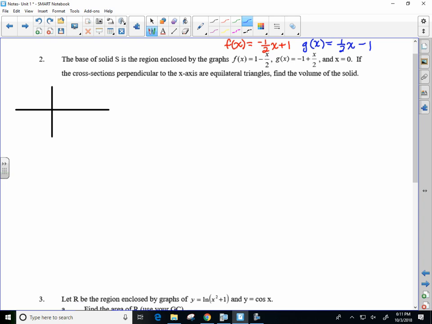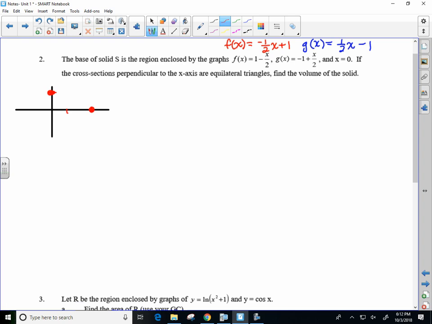Right? So it's not a complicated rational function with asymptotes or things like that. It's a line. Right? So the first line has a y-intercept of 1 with a slope of negative 1/2. Right? So down 1 over 2. Draw a line. We want to bound it with the line x equals 0. X equals 0 is the y-axis.